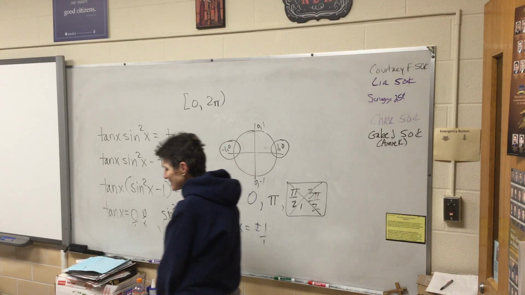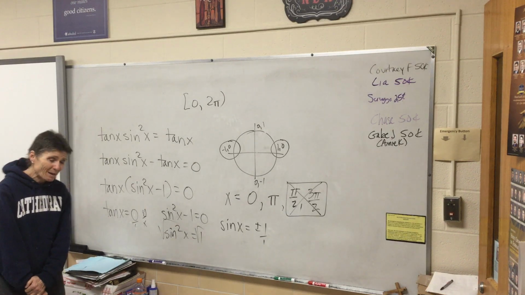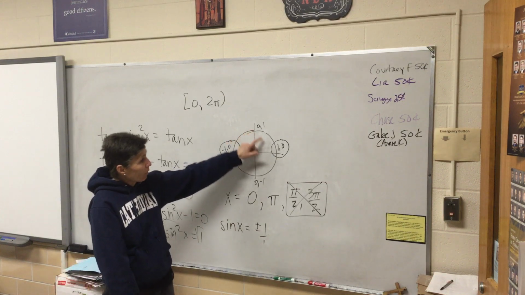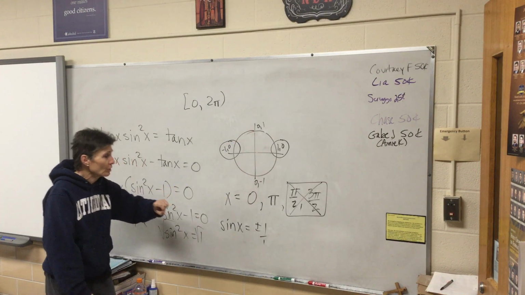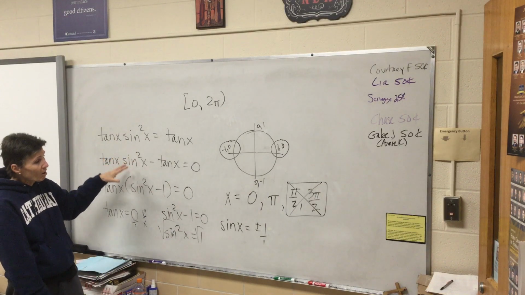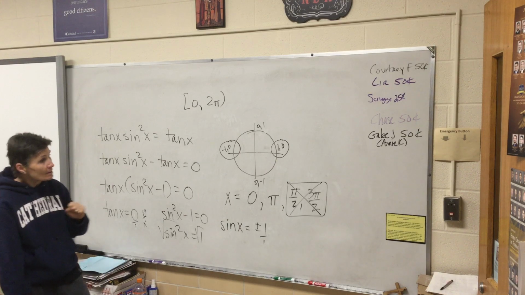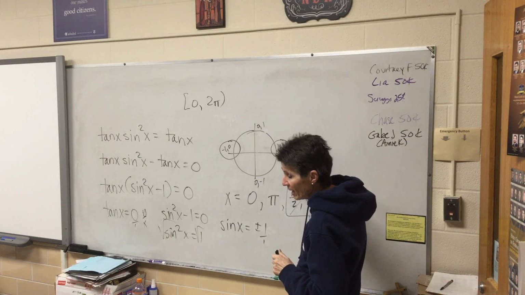When your problem has any of the other functions, you want to make sure that if your answers are these quadrantal angles, whatever those functions are, they're not undefined at those points. Okay? So tangent is okay here because it's not undefined.